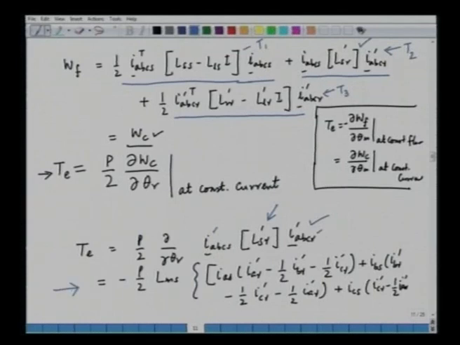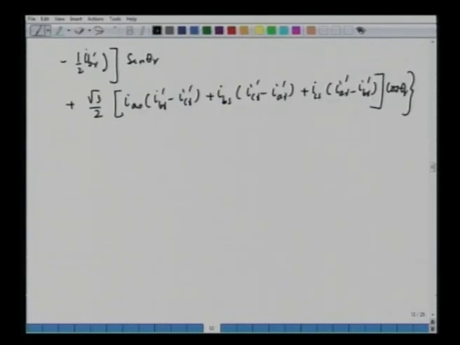It is minus of P by 2 into L_MS into this expression. Now, we see that this expression is a complex expression which involves both the stator and the rotor currents. The stator currents are IAS, IBS, ICS, and the rotor currents are IAR, IBR, ICR, and it also involves sin theta r and cos theta r.